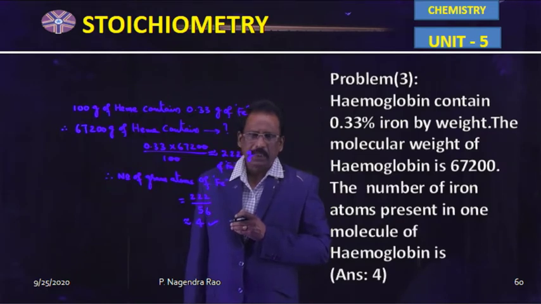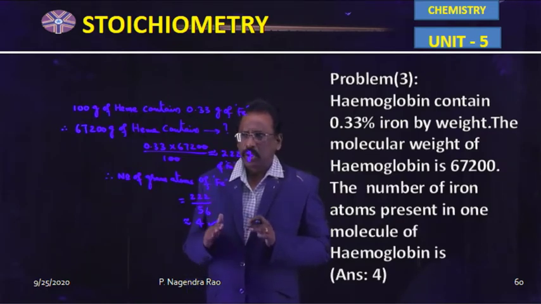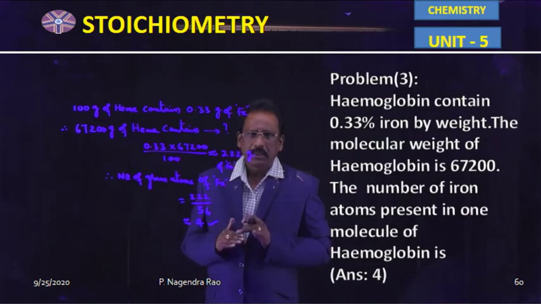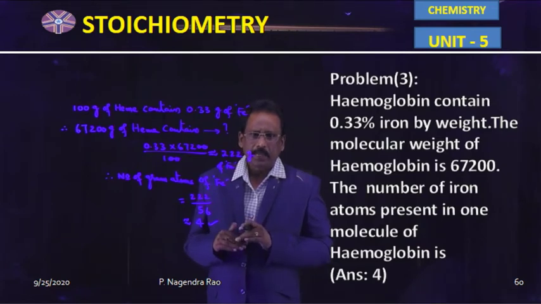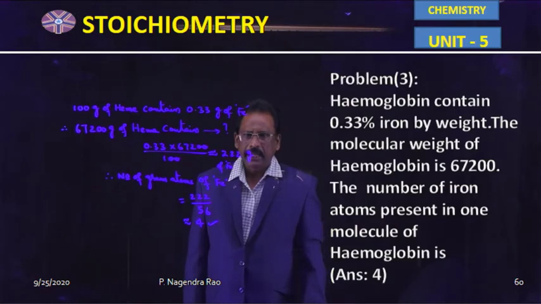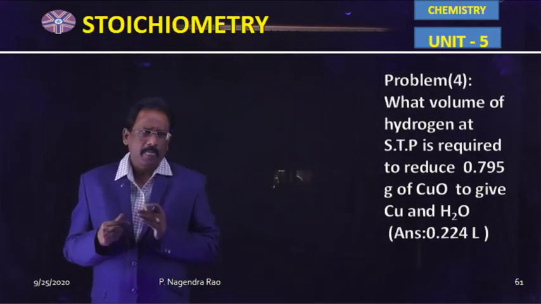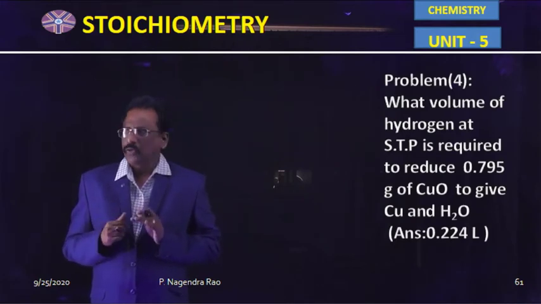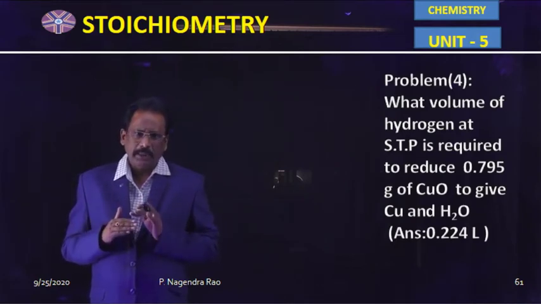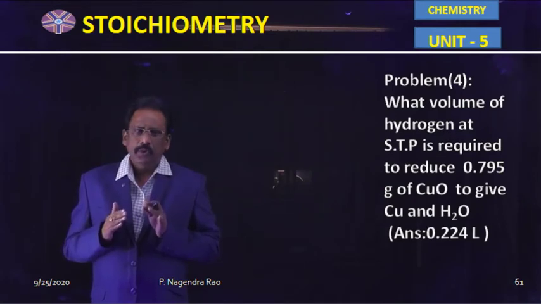So 4 iron gram atoms are present when 0.33% iron is present in hemoglobin and the hemoglobin molecular weight is equal to 67,200 grams.